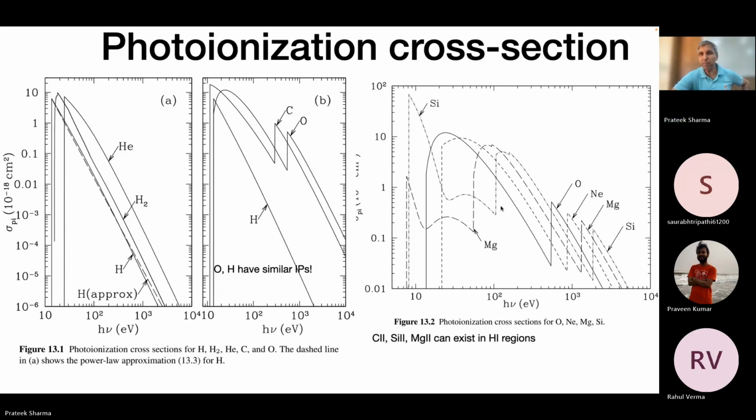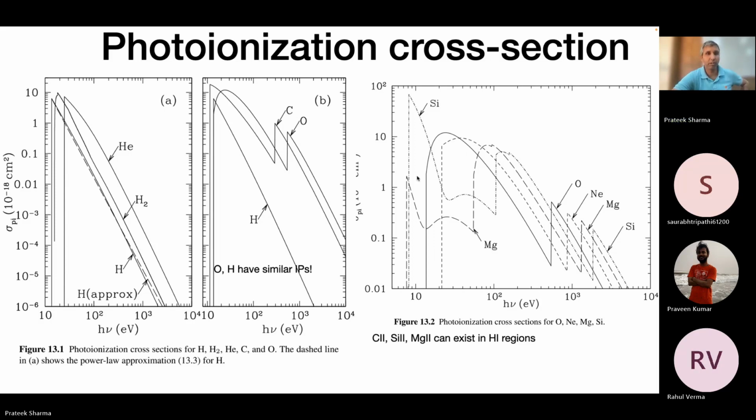Here again, there are others. Carbon, oxygen, hydrogen are pretty common. Carbon and oxygen are the most abundant after hydrogen and helium. This is the photoionization cross section for neutral carbon, or otherwise it would say C2 or whatever.